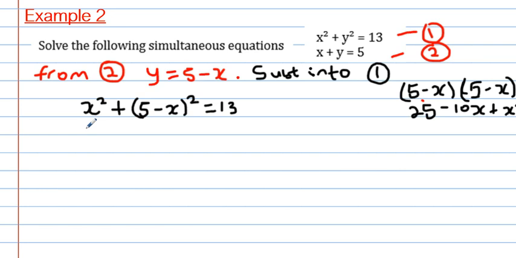I'm going to have x squared, and I've done the expansion of this, which is now this. So plus 25 minus 10x plus x squared equals 13.